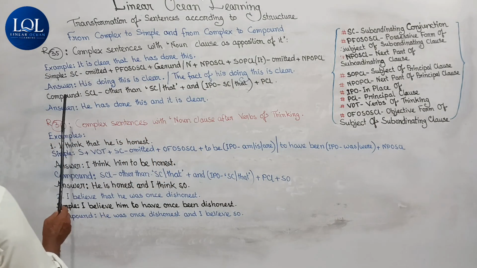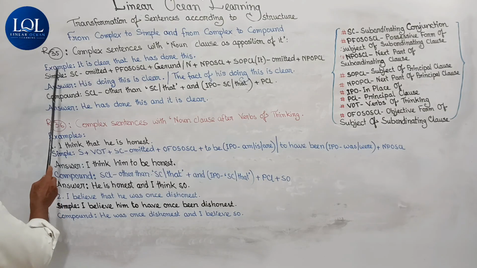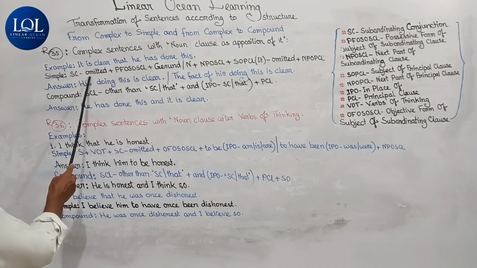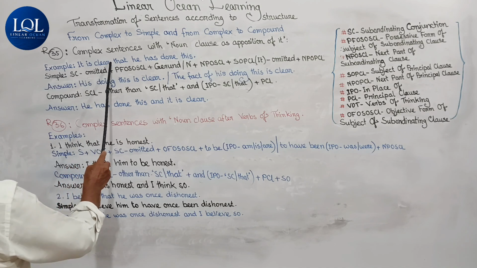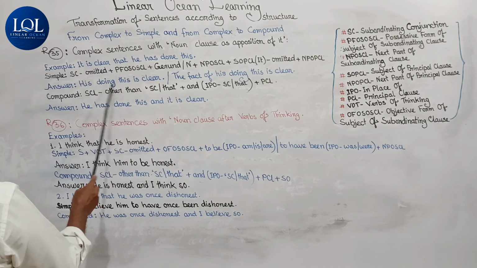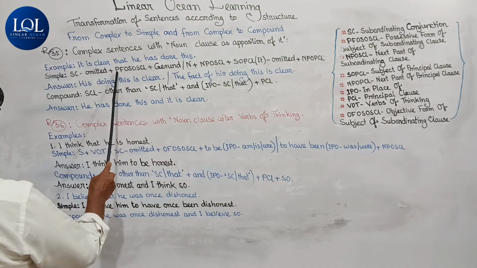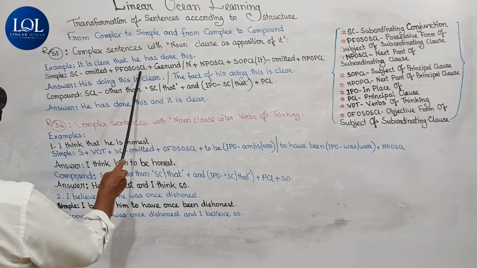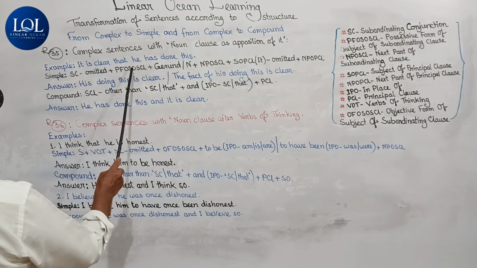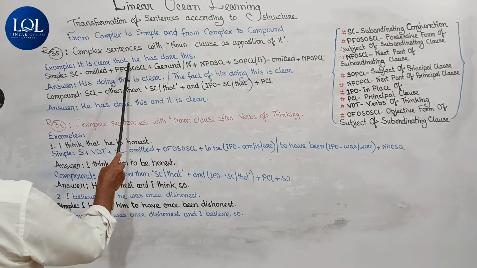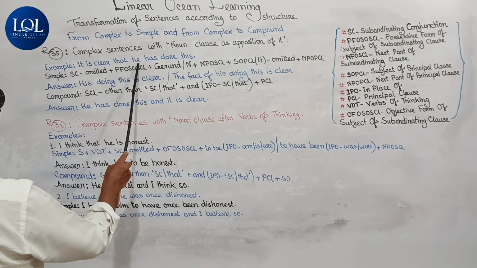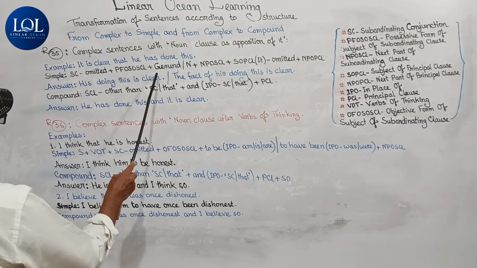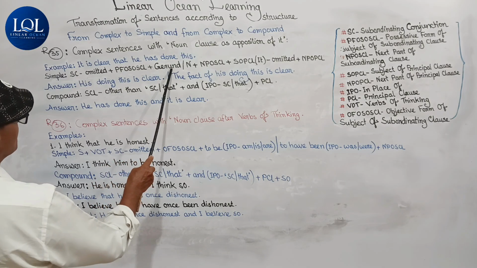Now let us begin the simple sentence. SC, that is subordinating conjunction, omitted. Here the subordinating conjunction is "that"; it will be omitted, plus possessive form of subject of subordinating clause. Here the subject of the subordinating clause is "he" and its possessive form will be "his", plus gerund.